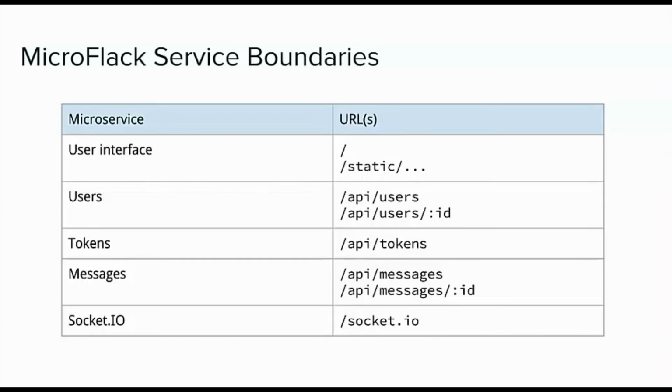A bunch of things for users, so /api/users/ and so on. There was one for tokens, to get a token. The messages ones and the WebSocket one, Socket.IO. So I said, okay, fine, I'm going to use these as a guide on creating microservices. Each group of URLs is going to go on its own service, and that's how I ended up with 5.